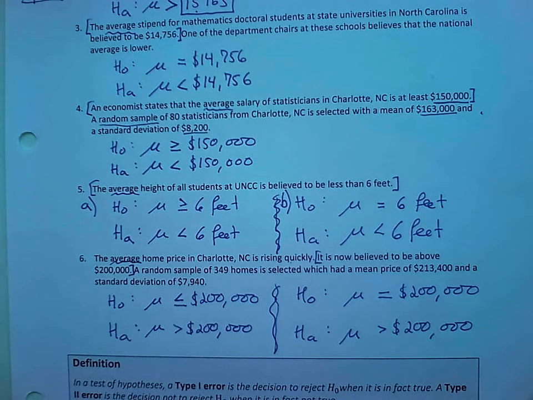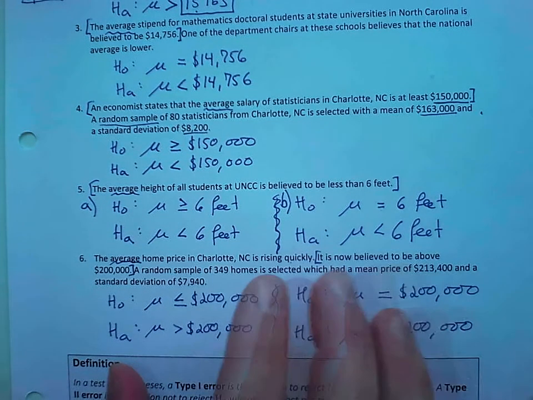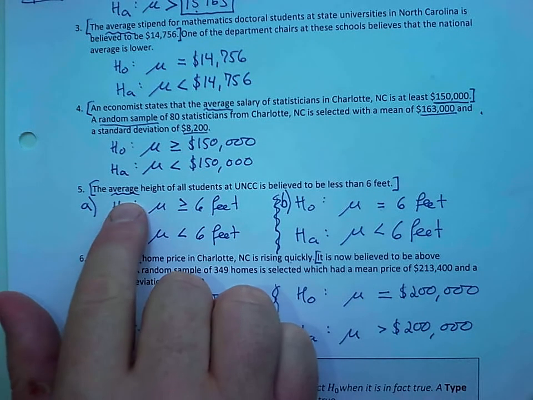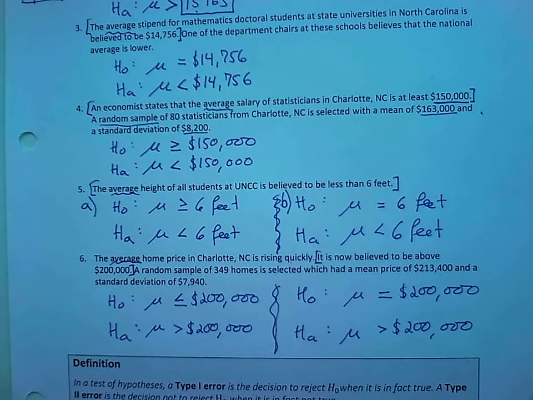We haven't done an example dealing with proportions, but rest assured we'll get into proportions later on. The only thing that would change is it would say something like the proportion of home prices, or the proportion of heights, or the proportion of salaries, and then we would simply use P instead of mu. But we'll have plenty of examples later on for that.